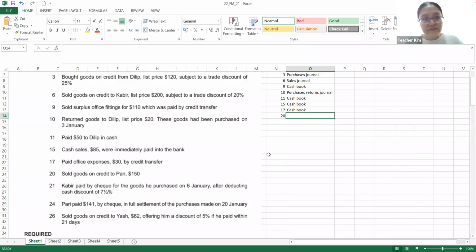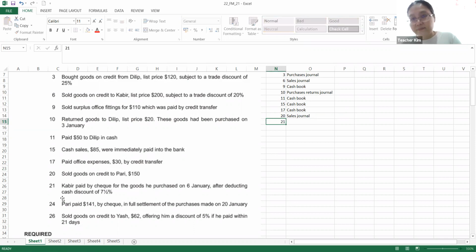20th. Sold goods on credit to Pari. So this one is sales journal. Next, on 21st, Kabi paid by check for goods he purchased on 6th Jan after deducting cash discount of 7.5%. So the moment paid by check, this is a cash book.